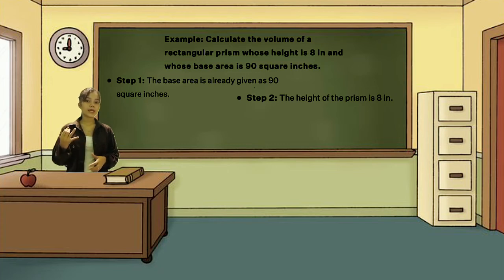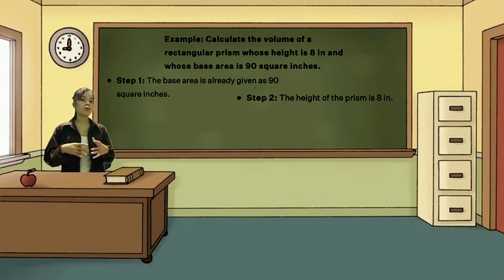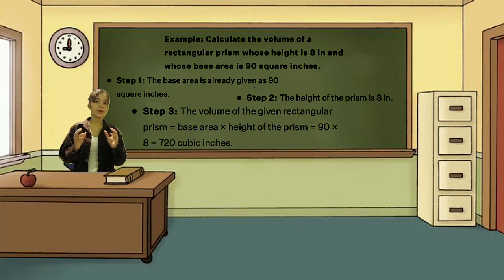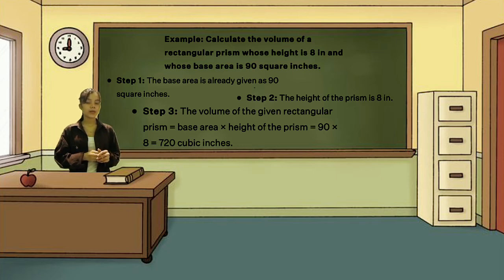Step 3, we will now multiply the base area and the height of the prism. So the volume of the given rectangular prism is equal to base area times height, which is equal to the base area, 90 square inches, times the height of the prism, 8 inches.